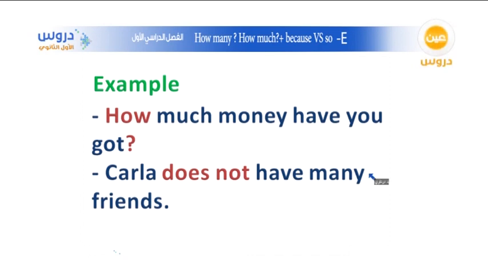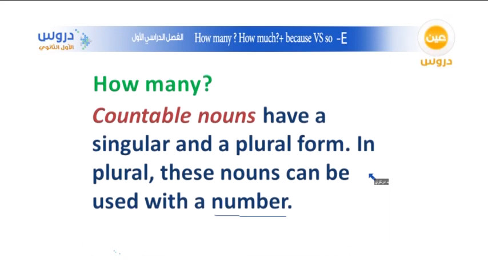For example, how much money have you got? Carla does not have many friends. For how many, countable nouns have a singular and plural form. In plural, these nouns can be used with a number.